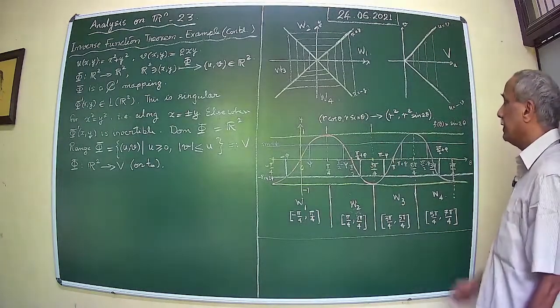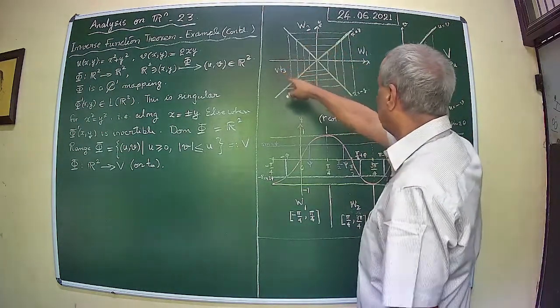Now we observe that the regions that I have marked as W1, W2, W3, W4.